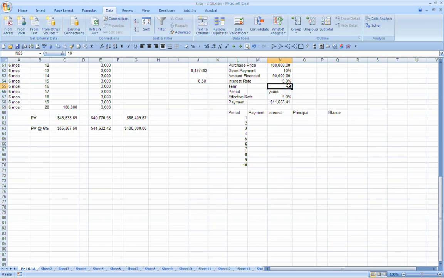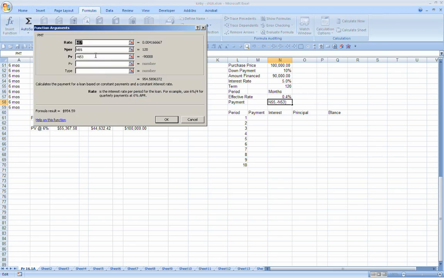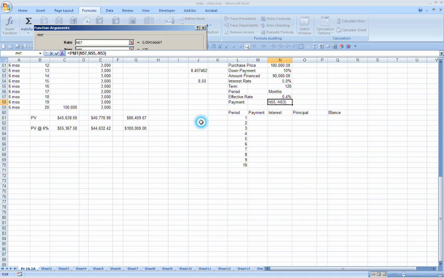So now if I change this to 120 months, it goes back to that $954, all because I created this effective interest rate, and I'm doing the math for the interest rate, whether it be divide by 1 or divide by 12, and plugging it into this cell N57.